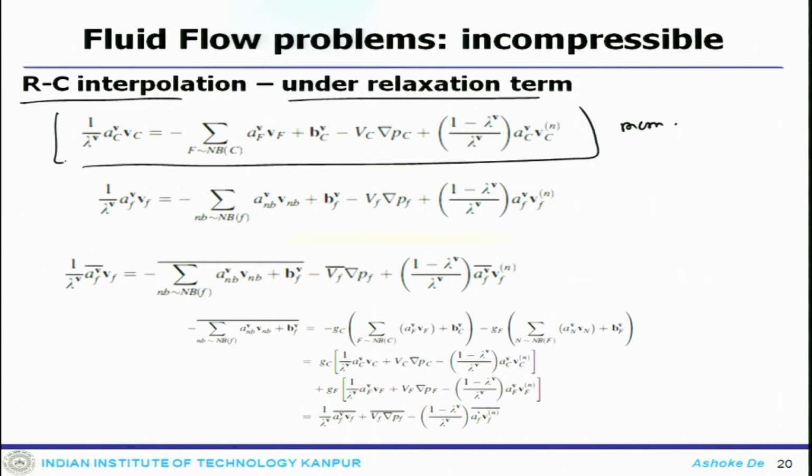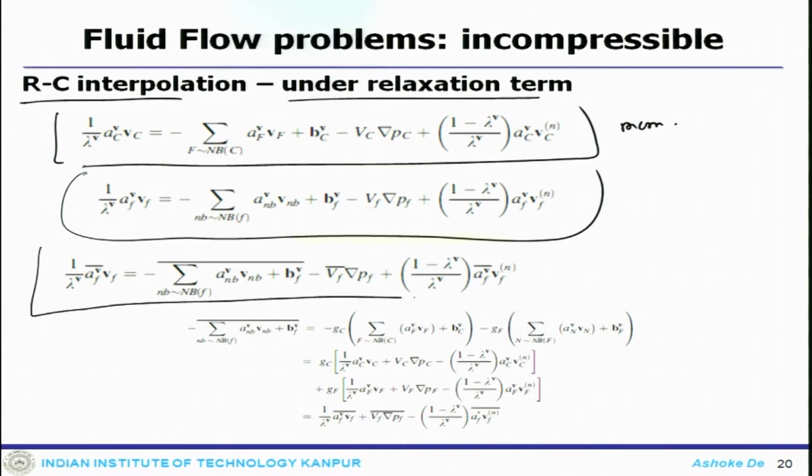If you do some algebra, this is for the momentum equation and velocity corrections, you get back this equation, which we have looked at while looking at the momentum corrections equation. Then the Rhie-Chow interpolation should be written in this fashion, and this particular term expresses the contribution from element C and the contribution from element F.